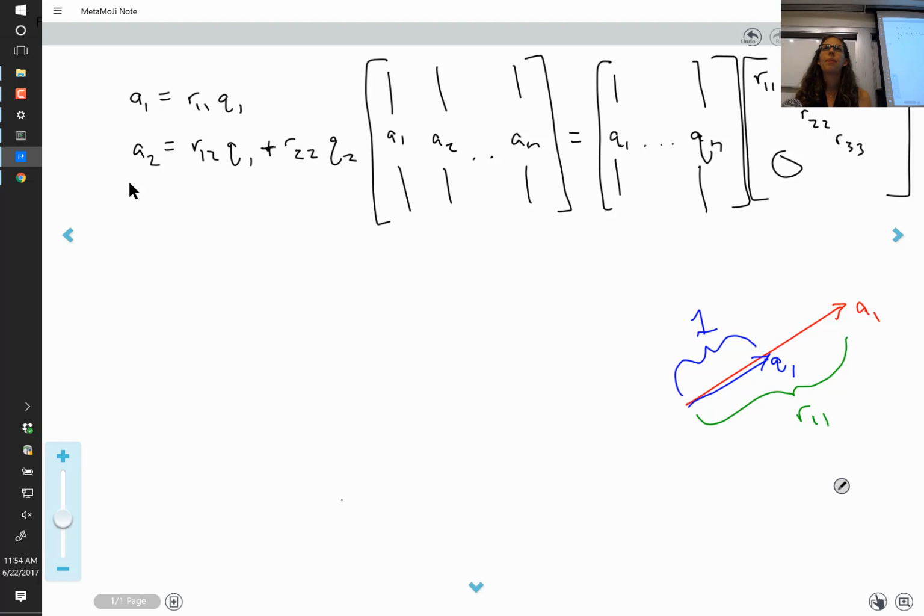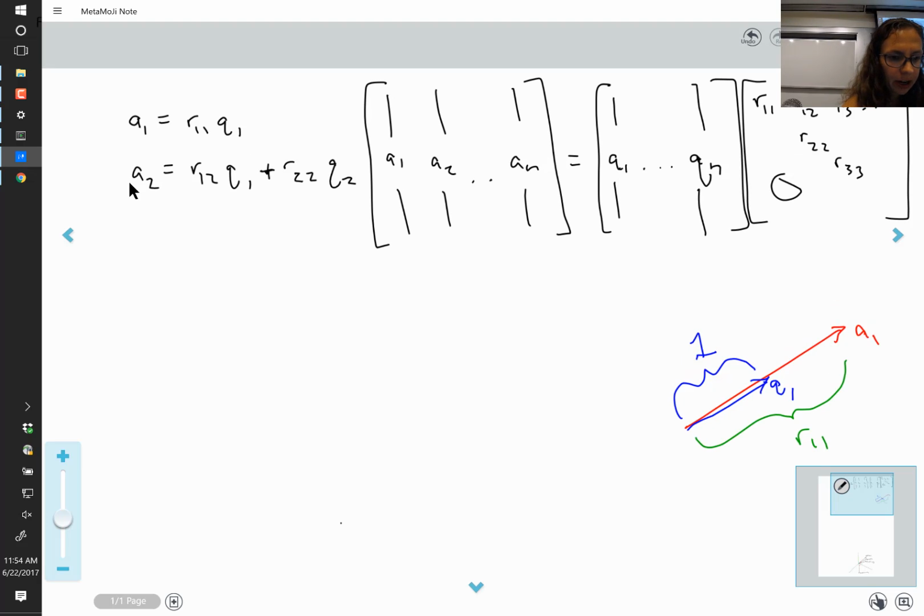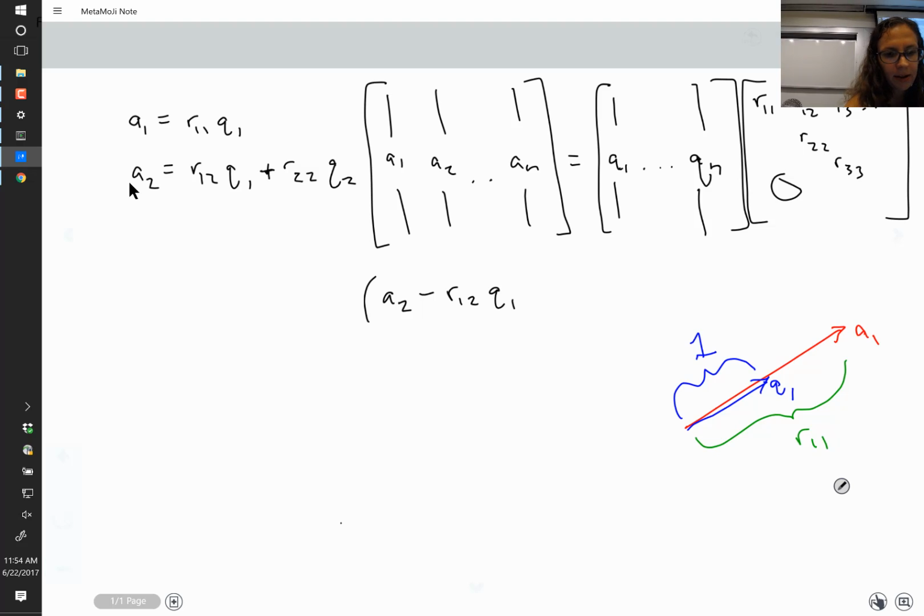Yeah, so at that point what you're going to have is A2 minus R12 Q1. And in a picture, this A2 minus R12 Q1 would be the dotted line.